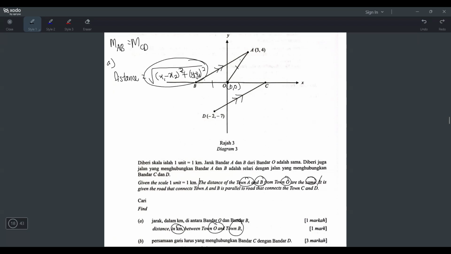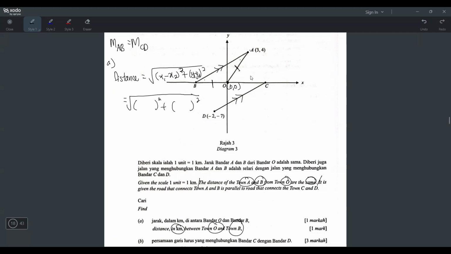But do you remember I put a line like this? And what does this line mean? It means they are the same length. So I can find the distance of OA, because the distances OA and OB are the same. So how to find the distance of OA? Square root. I have point O and point A, so I can use the formula bracket square plus bracket square.